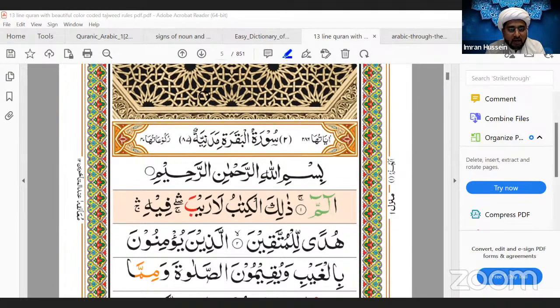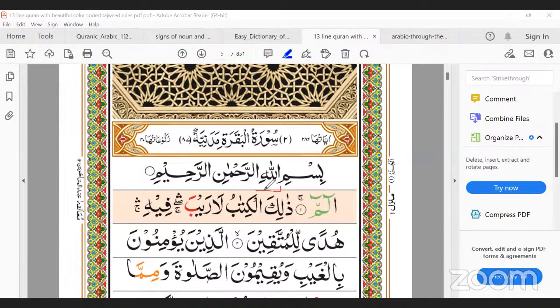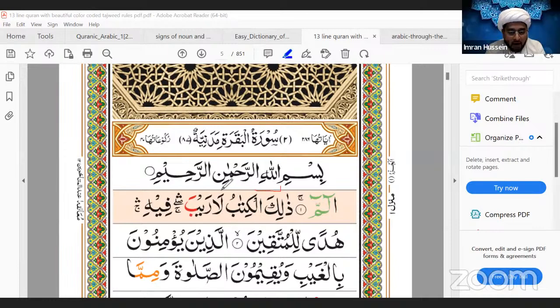Everyone knows that Allah subhanahu wa ta'ala's name is Allah. Now, Ar-Rahman and Ar-Rahim are also following with the kasras. These two names are both adjectives of Allah subhanahu wa ta'ala.